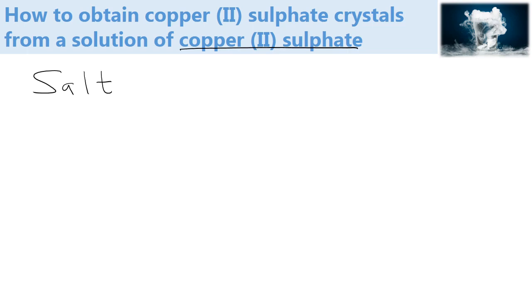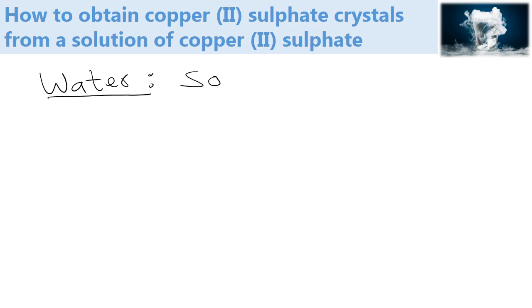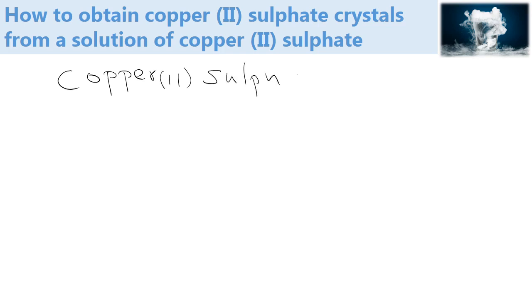A solution of copper 2 sulfate means that copper 2 sulfate salt has dissolved in water, which essentially means that we have both copper 2 sulfate and water in the mixture.